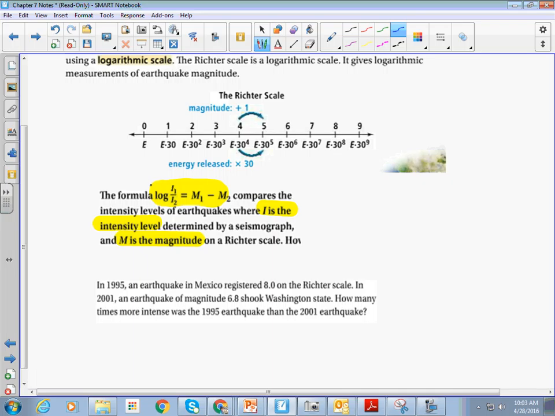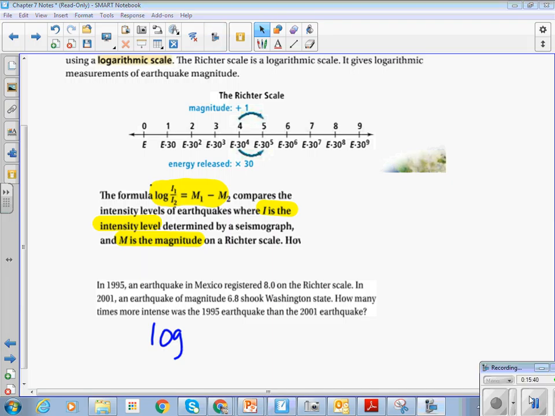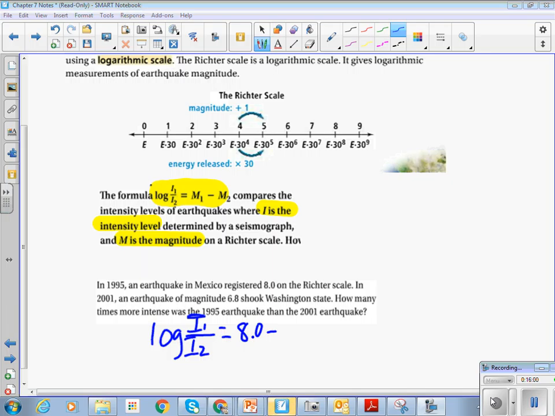So we're going to take the log of the first intensity over the second intensity is equal to M1, so the magnitude of the first one is 8.0, minus M2, which is 6.8.